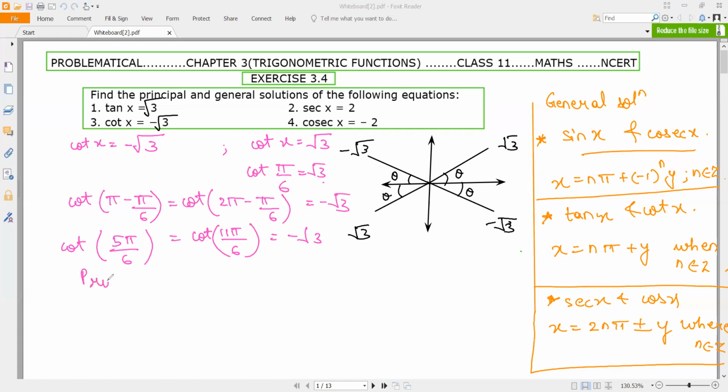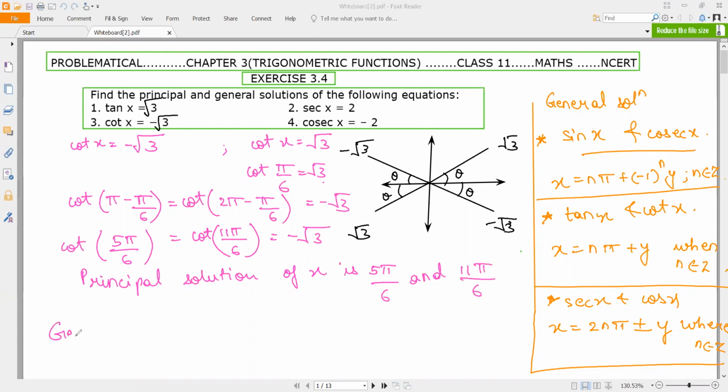So your principal solution of x will be 5π/6 and 11π/6.